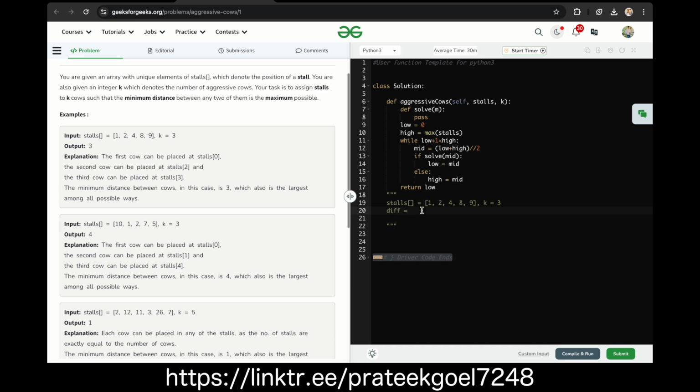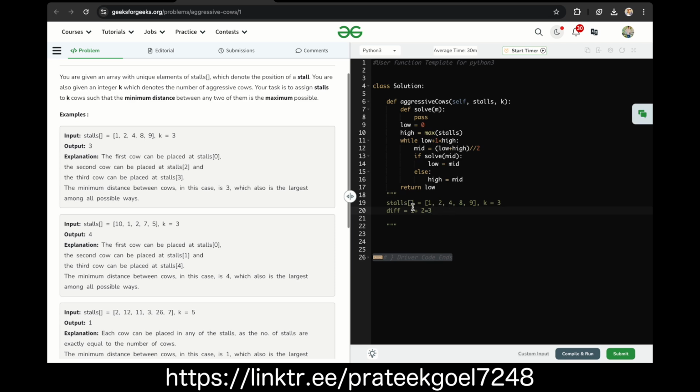After that we start with 2. 2 minus 1 has a difference of 1. After that 4 minus 2 makes the difference 3, which satisfies the condition, so at 4 we can place one more cow.